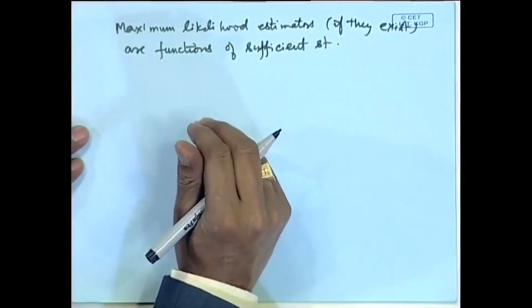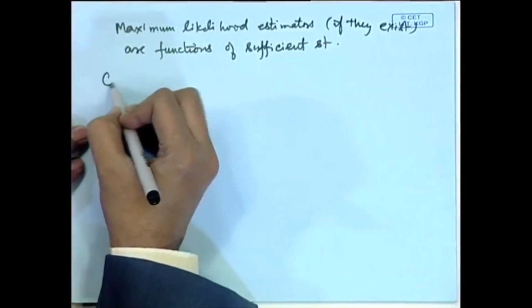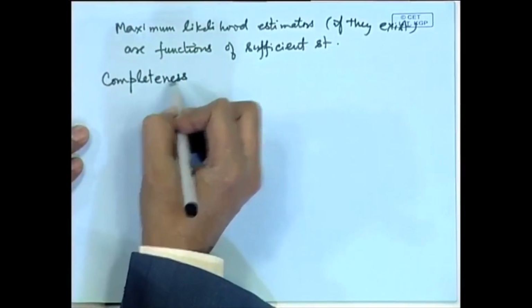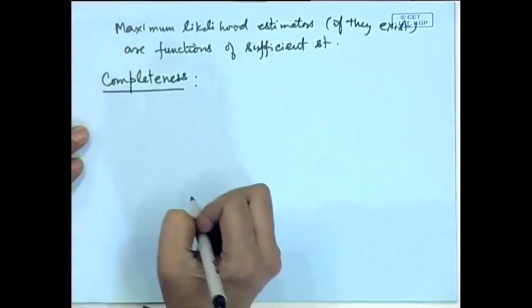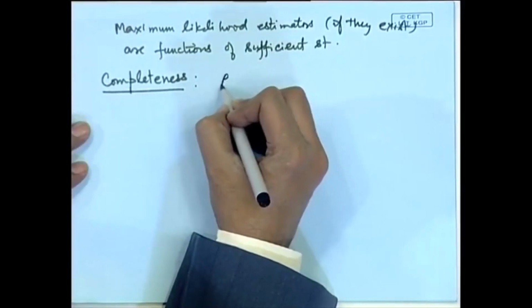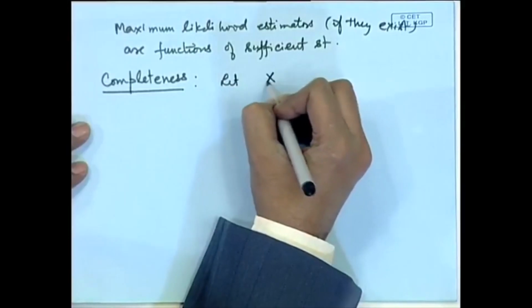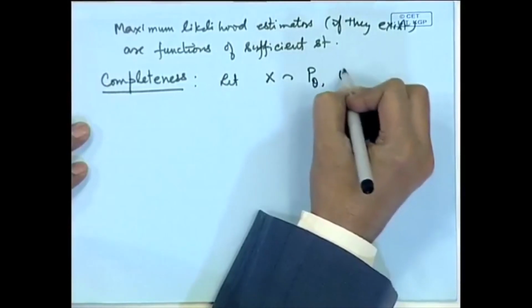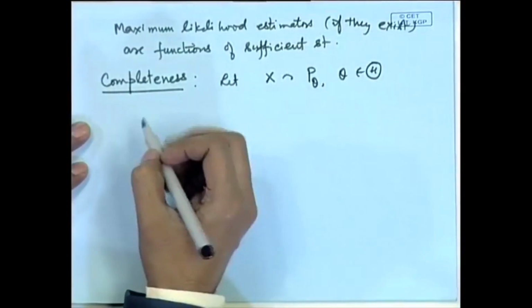Let me introduce another concept called completeness. So, let X follow a distribution, say P_theta, theta belonging to Theta.